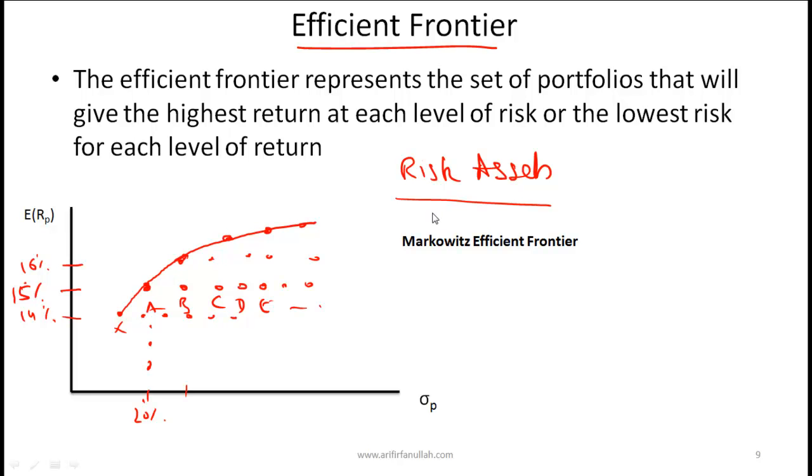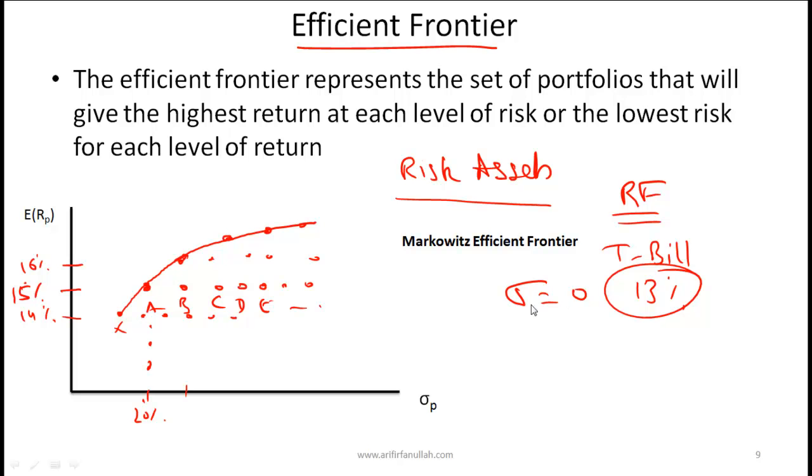Now we are going to remove the constraint of risky assets, and let's say that you can also invest in risk-free assets. So in Pakistan, let's say that we can invest in T-bills, and the return here in Pakistan is about 13% on T-bills. What's the standard deviation or the riskiness?